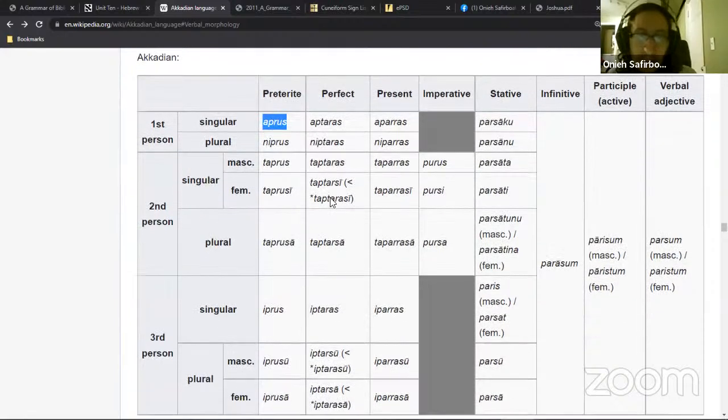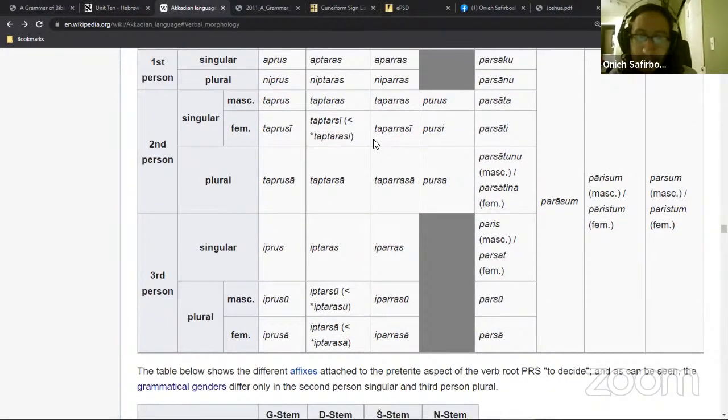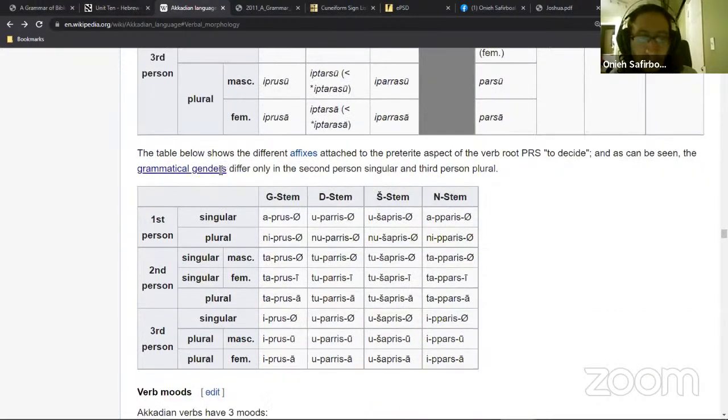But notice in Akkadian, the preterite, perfect, and present all essentially take the same form, the imperfect form. So just like I said, it can be past, present, or future. In the same way, we see that for Akkadian. Now let's see what we got here. So there's something called a G stem, a D stem, an S stem, and an N stem.